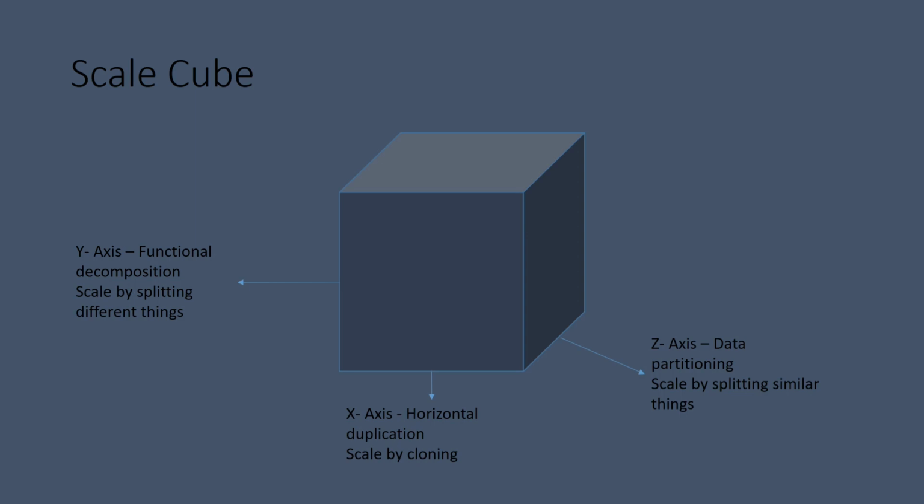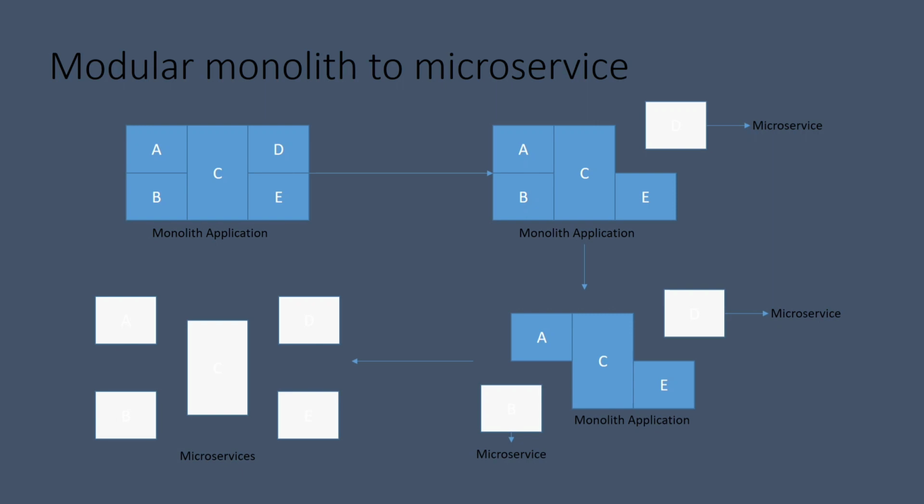Following the design pattern, we will start moving functionality from the monolith to microservices one module at a time. Let's take a case study. My model monolithic application has 5 modules. I start removing one module at a time and create a new microservice out of it.